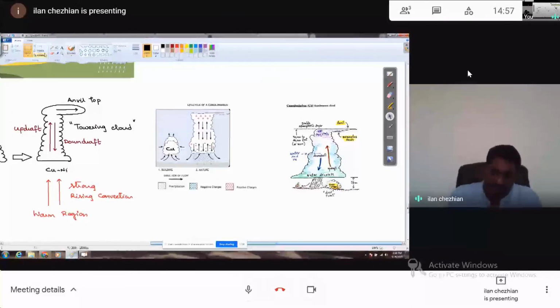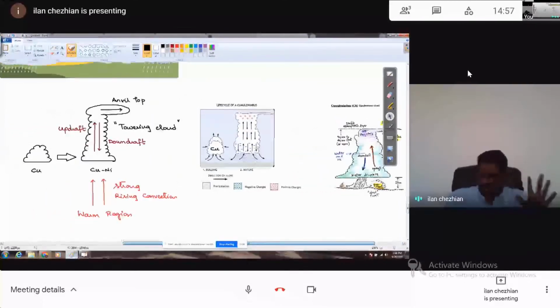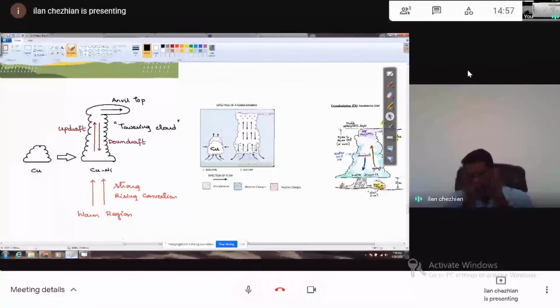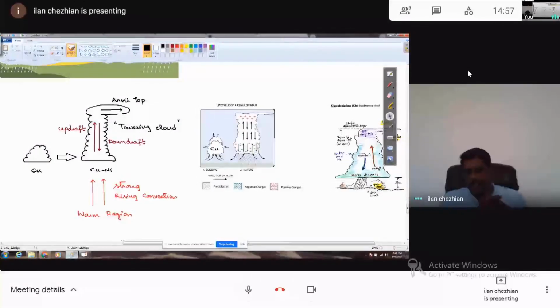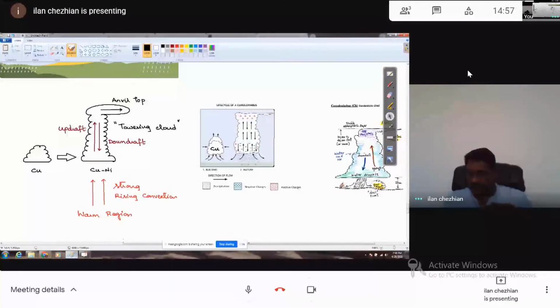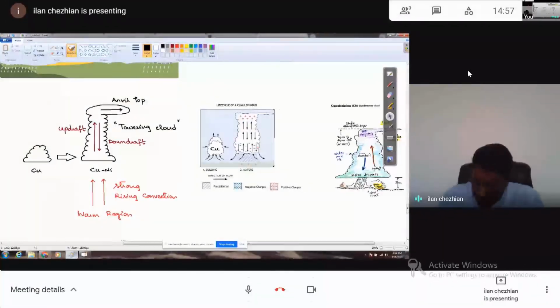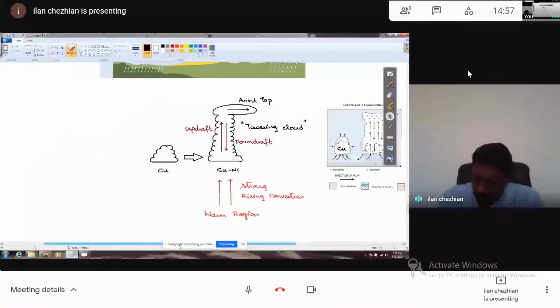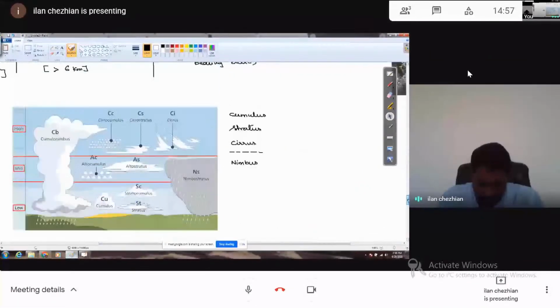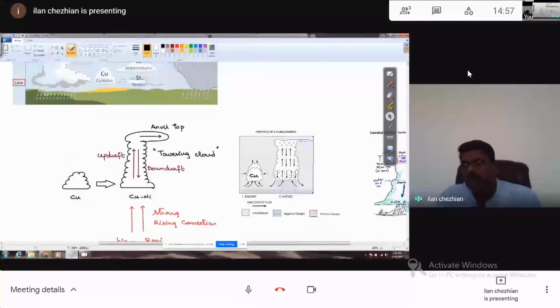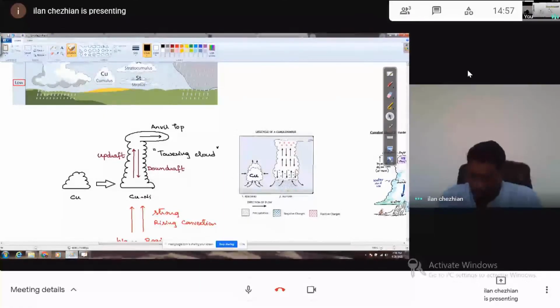So everything is fine. All the bad weather effects that we normally discuss are actually associated with these cumulonimbus clouds. Now, all types of cloud we are not so much interested in, but only this cumulonimbus cloud we are interested in. Okay, right, my friends.